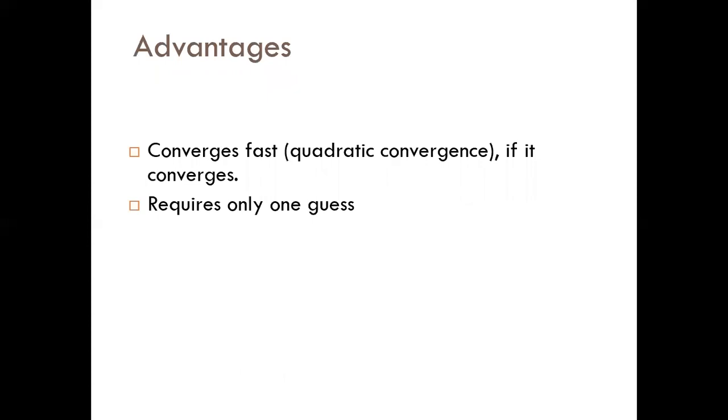This is the Newton Raphson method. The overview of the Newton Raphson method is that it requires only one guess to find the root of polynomial and transcendental equations, and only one simple formula is used for finding the next guess, x1 is equal to x0 minus f of x0 divided by f dash of x0, and again find the next iteration.